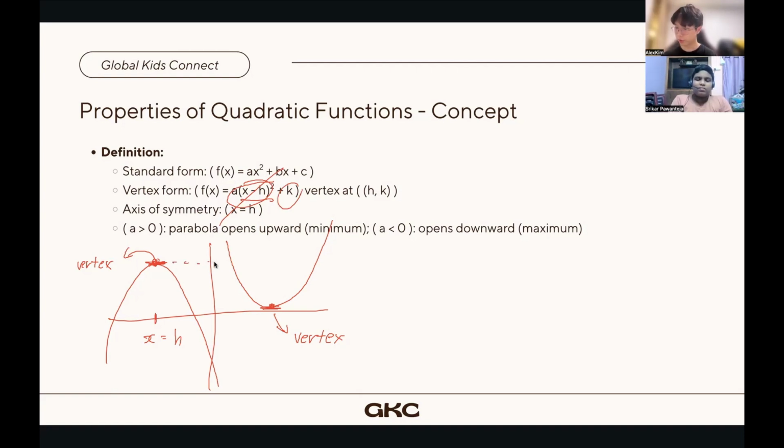And so therefore, when x is equal to h, the vertex is at y equal to k. We can say that the vertex point is (h, k).